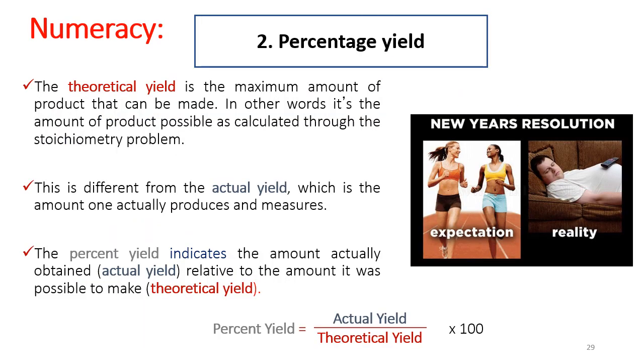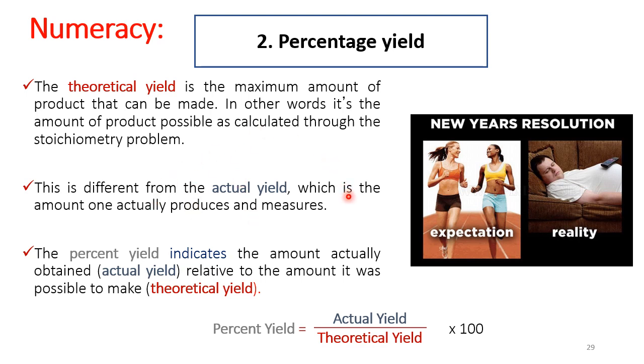At last, we are going to discuss the percentage yield within the numeracy testing. Regarding the percentage yield, as we have discussed before, we should have two yields. The theoretical yield is calculated on paper, and this is the maximum amount that you can get, but this is just a theoretical number. Actually, what you get may be more or less than this number.